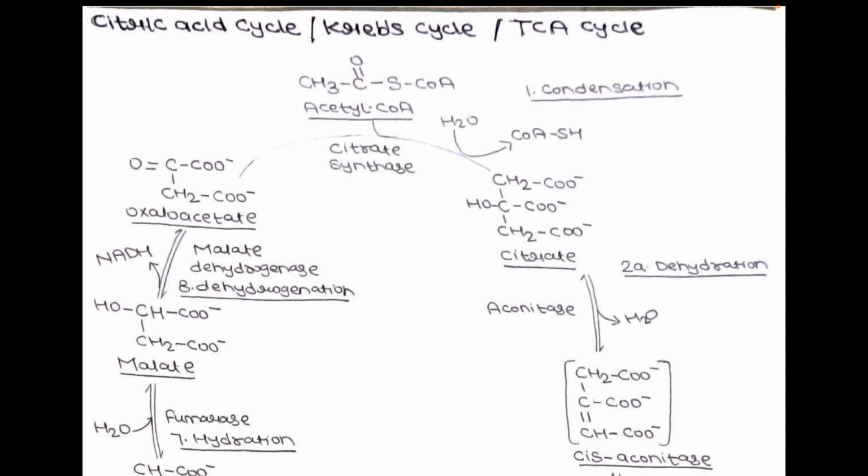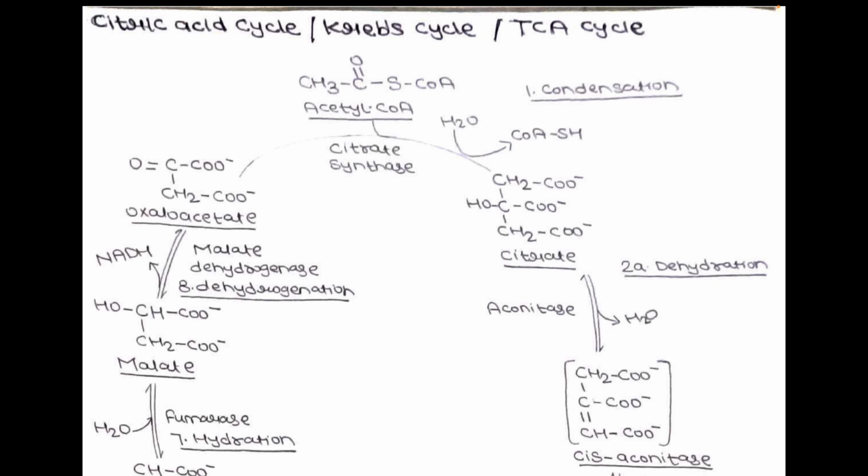A carbon-carbon bond forms. A molecule of water is added, the high-energy thioester bond is broken, and coenzyme A is released as free coenzyme A, SH. The energy of that thioester bond is what makes this condensation strongly favorable. It is essentially irreversible.